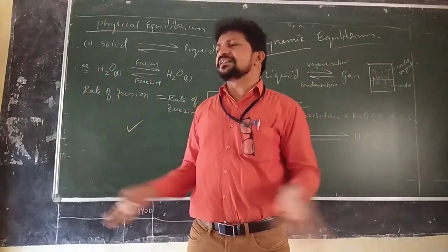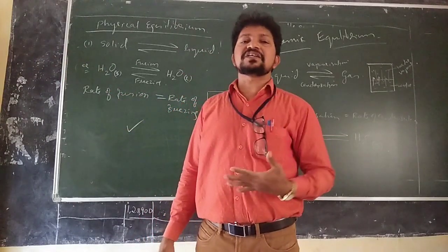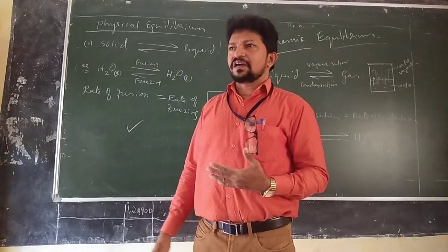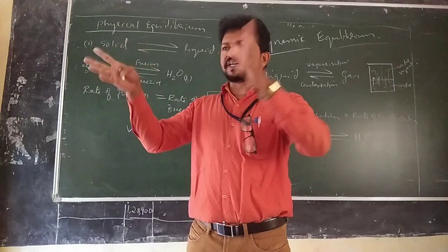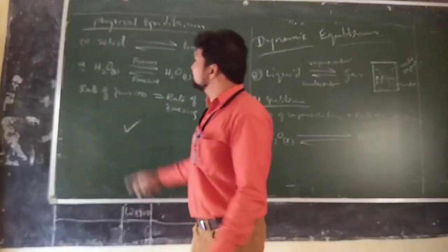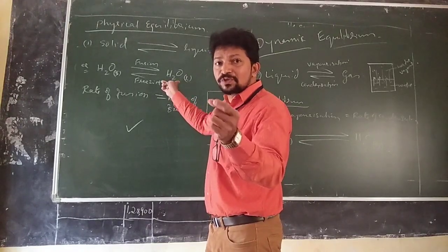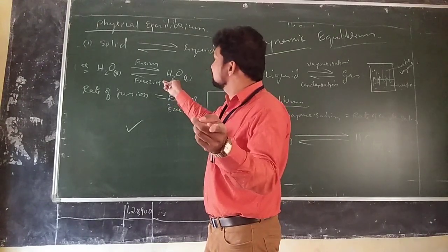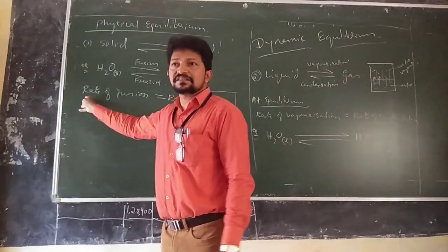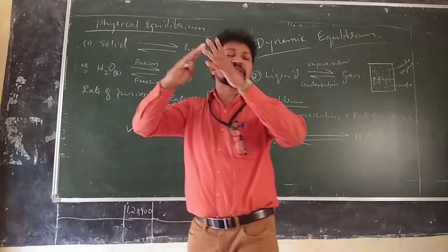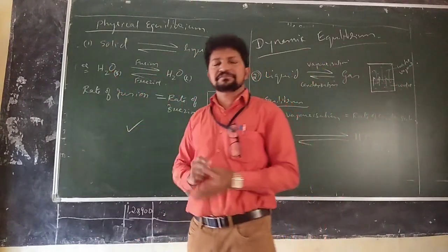Everything is cloudy, nothing is seen. 5-meter distance is not seen. All looks cloudy. Everywhere there is ice. So that day, I think temperature has gone below 0 degree. Some of the liquid has been converted into ice. So everything becomes frozen. So nothing is seen. Fog formation.